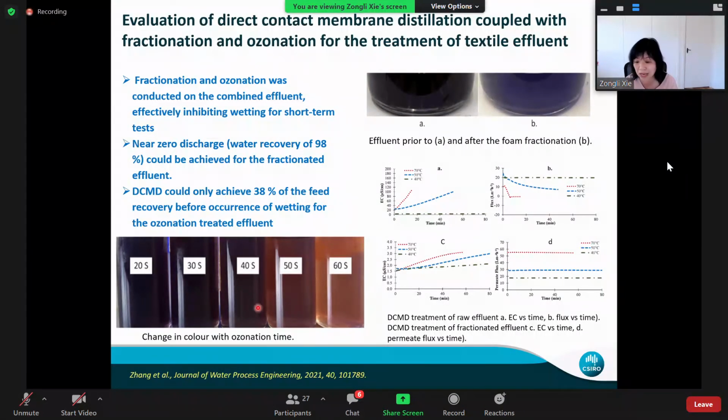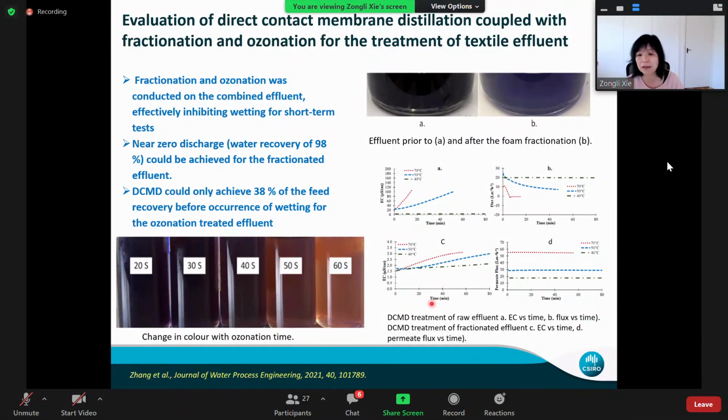So with ozone treatment, in terms of treatment efficiency, we can enhance the DCMD a lot better. Basically, for this work, we ran real textile wastewater again, and we were able to achieve near zero discharge. We achieved a water recovery of 98%.